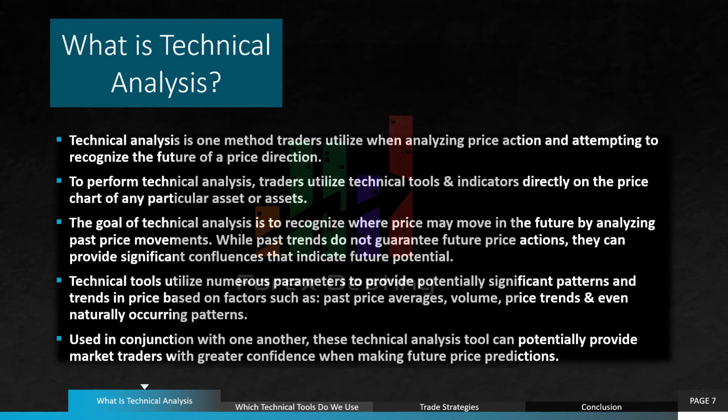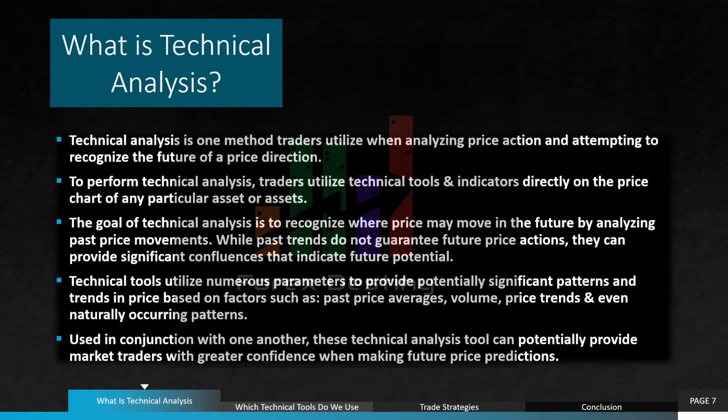So first, what is technical analysis in trading? Technical analysis is one method traders utilize when analyzing price action and attempting to recognize the future of a price direction. In order to perform technical analysis, traders utilize technical tools and indicators provided by their broker or their trading platform directly on the price chart of any particular asset or assets.